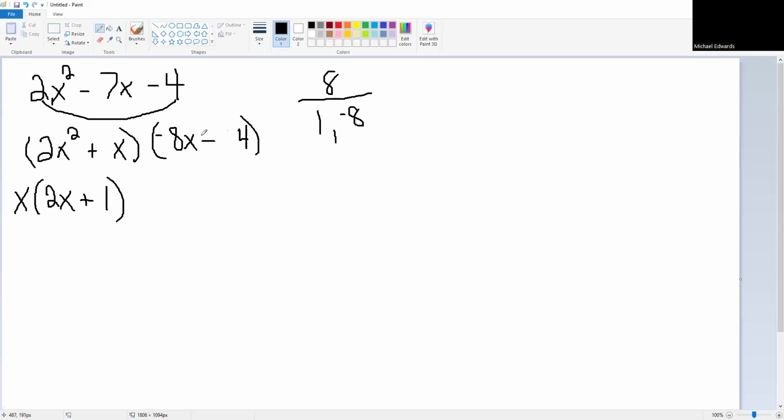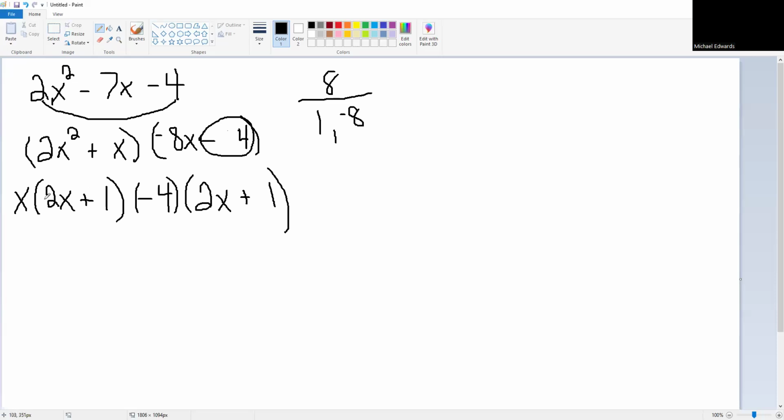I would say if you pull out this, you carry its sign with it. So what you're doing is pulling out negative 4. And this makes this positive 2x plus 1, because we pulled out the negative.